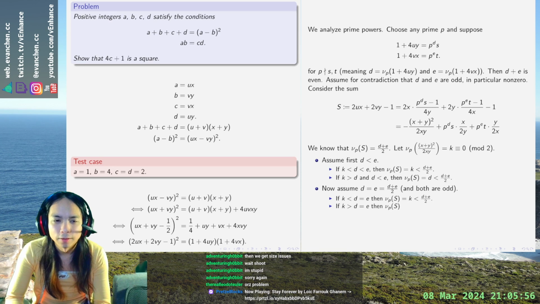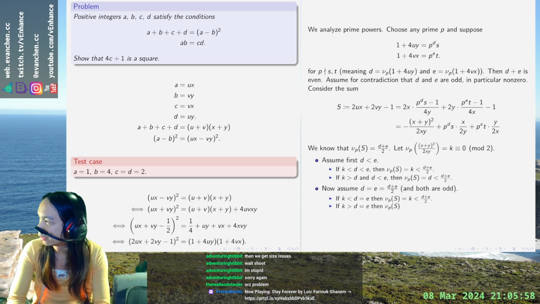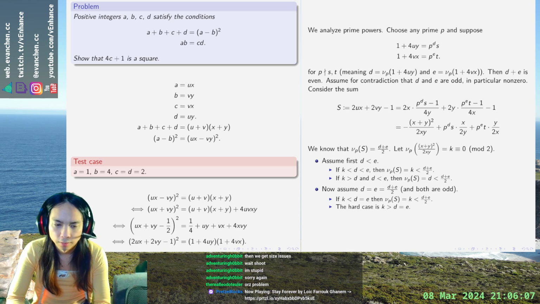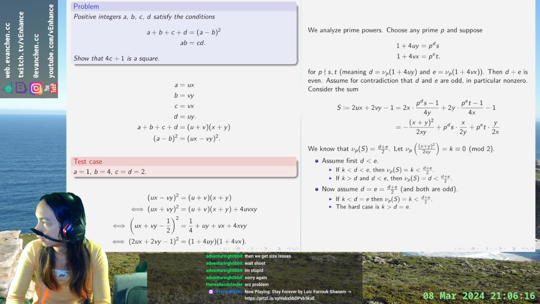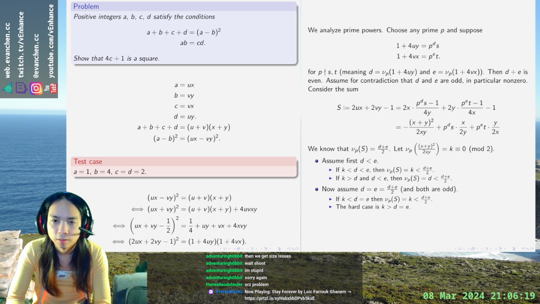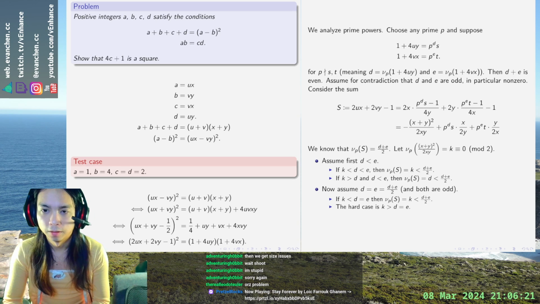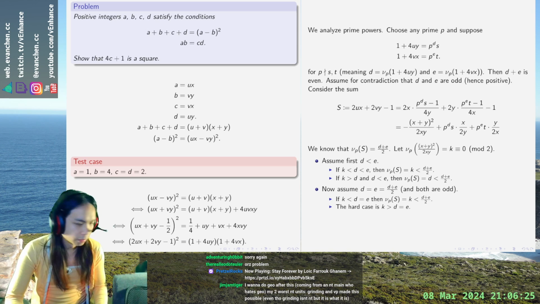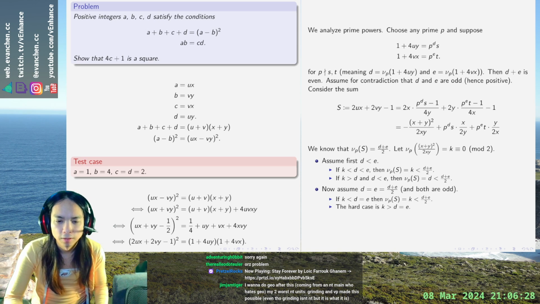So, from DE being greater than 0, we know that that's positive.